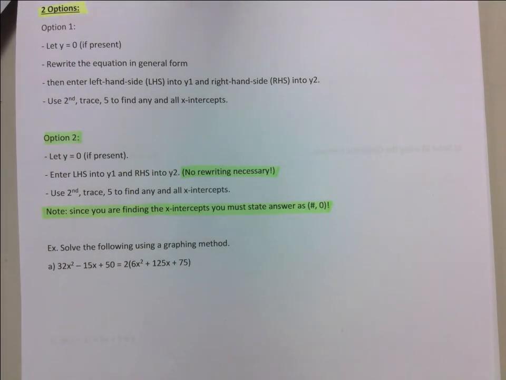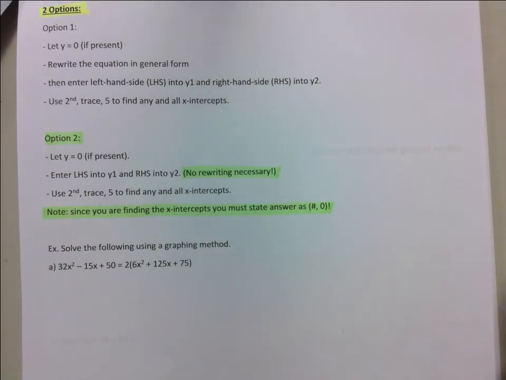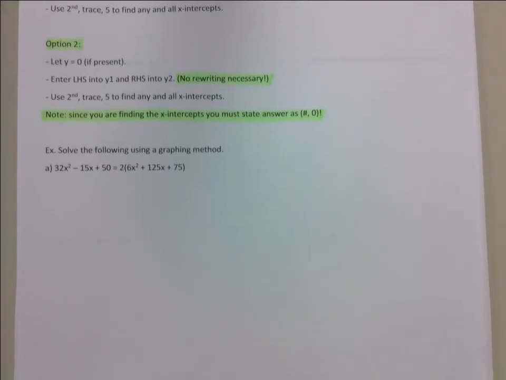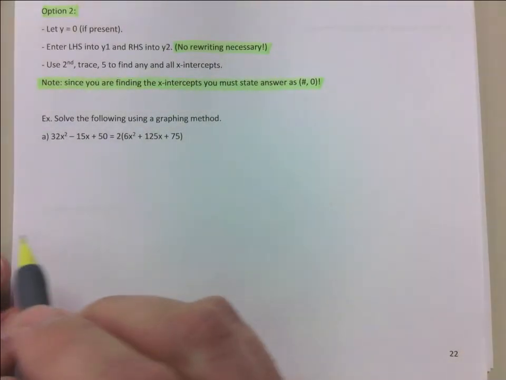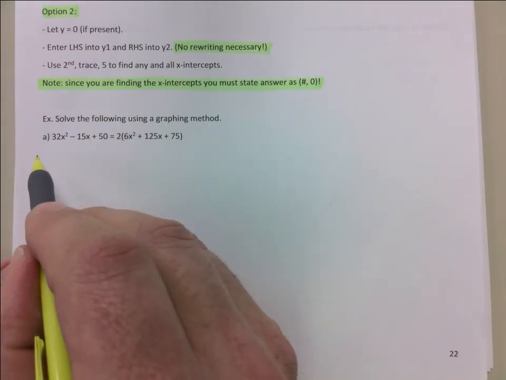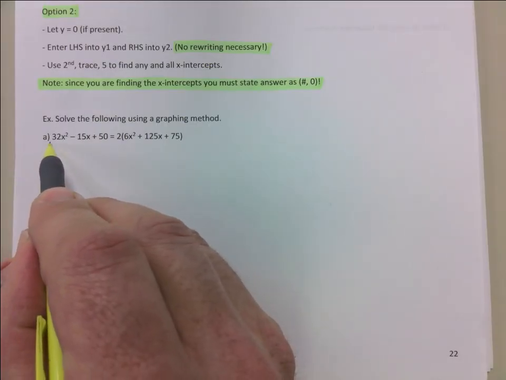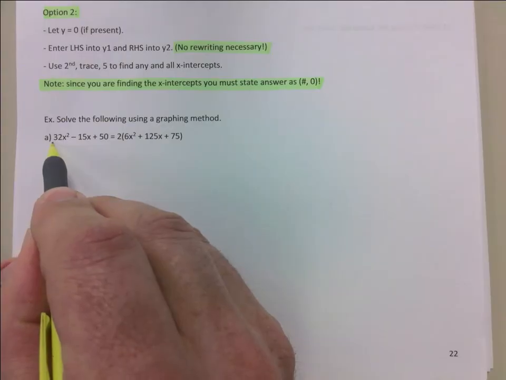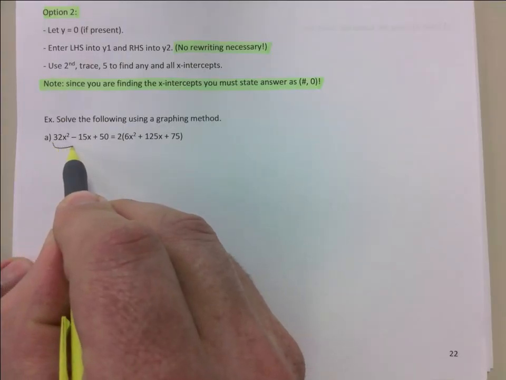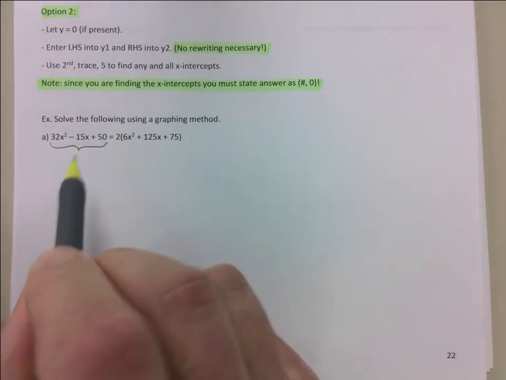So let's go to 22 and let's do this one here using both methods. I'm just going to have my key here because I don't want to get it wrong today. Okay. Let's do the easier option first, what I call option 2. Basically, you take the left-hand side of this mess, okay?